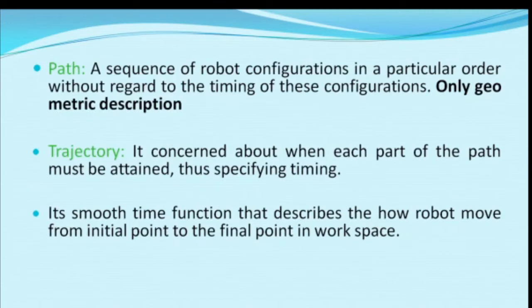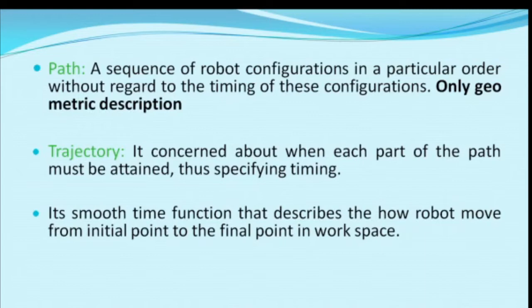Path is a sequence of robot configurations in a particular order without regard to the timing of these configurations. It means they only describe the geometry of motion. No timing is considered in describing the path.